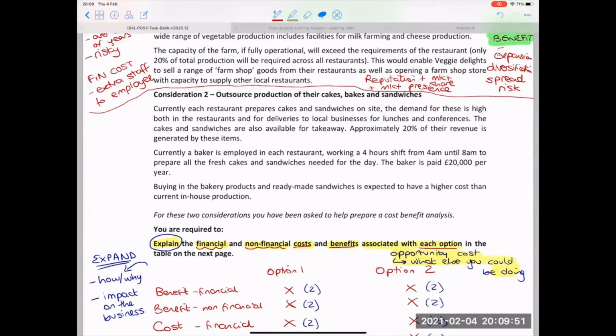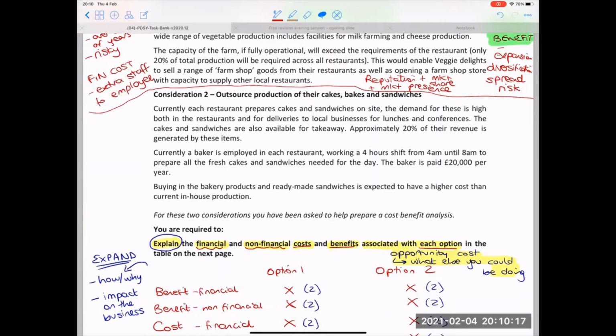Currently, a baker is employed in each restaurant working a 4-hour shift from 4 a.m. to 8 a.m. I suppose bakers do work that time of the day, don't they? To prepare all the fresh cakes and sandwiches needed for the day. The baker is paid 20 grand per year. Buying in the bakery products and ready-made sandwiches is expected to have a higher cost than current in-house production.